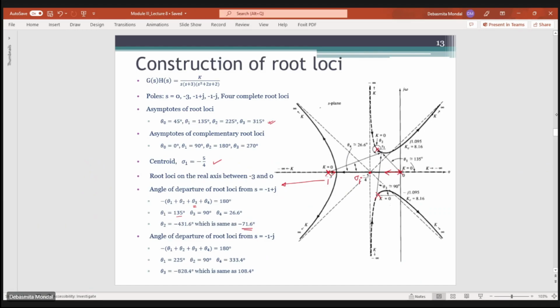These two root locus should meet somewhere on the real axis, and from there they would diverge or break and then move towards the infinite zero, following the asymptote. So these are the asymptotes which were already there. After meeting and then breaking, they will simply follow these asymptotes and go towards infinity. So this will be a part of the root locus.